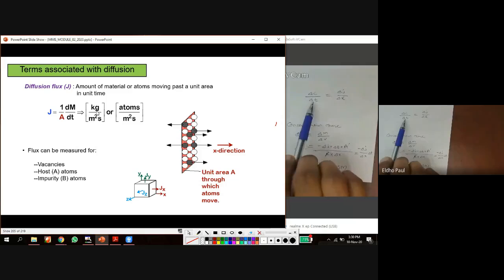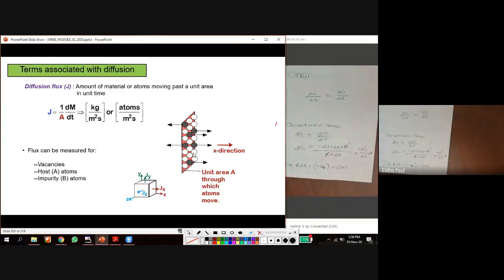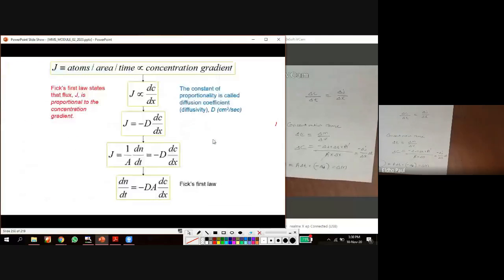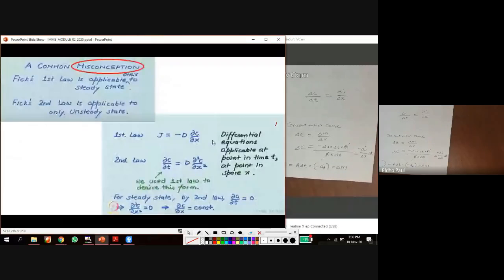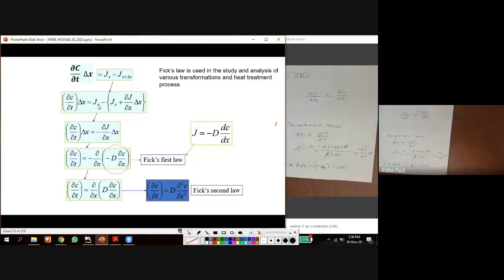Delta t comes to the denominator, then delta J by delta x. So this is the concentration change with respect to time, delta C by delta t. Okay, we got this equation: delta C by delta t equals minus delta J by delta x.